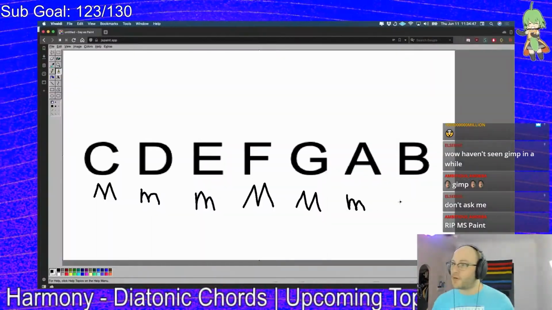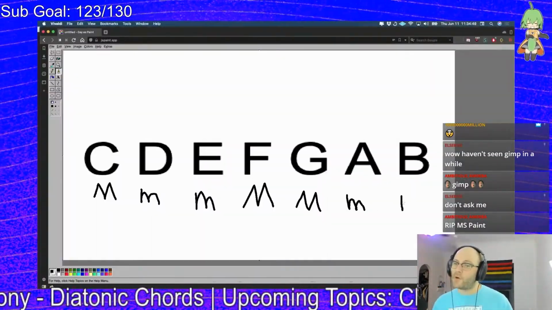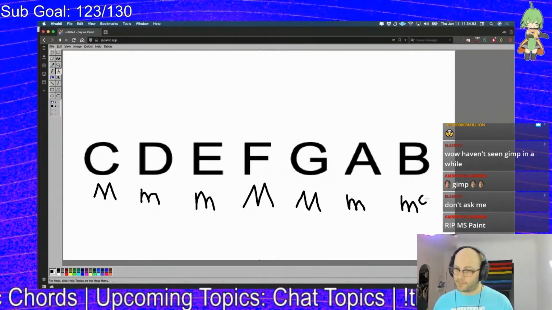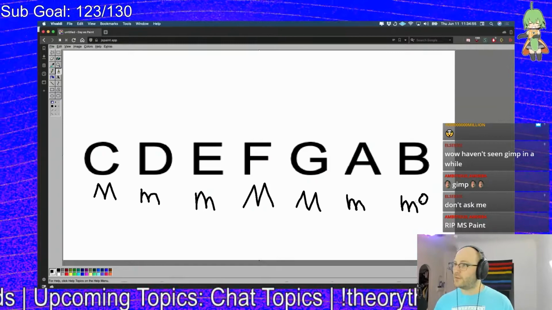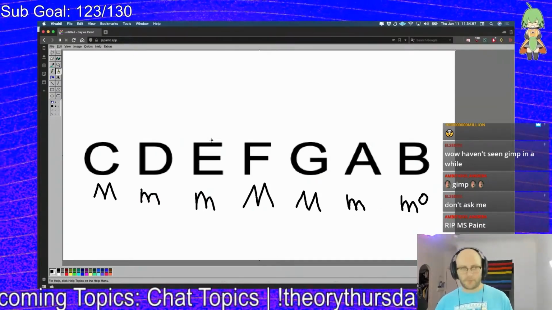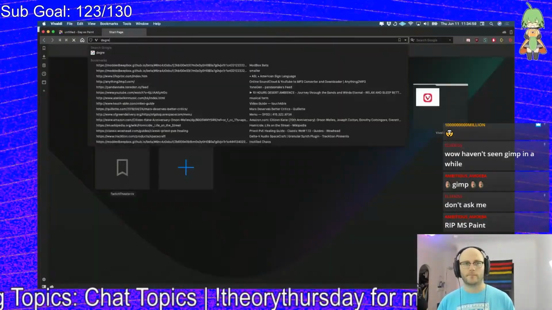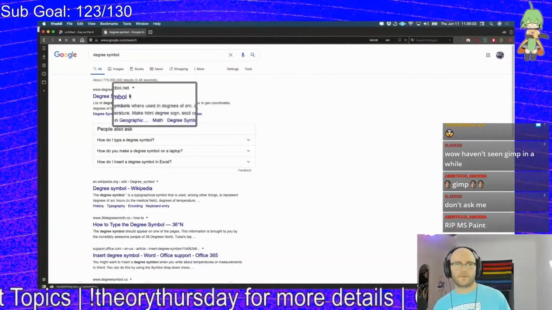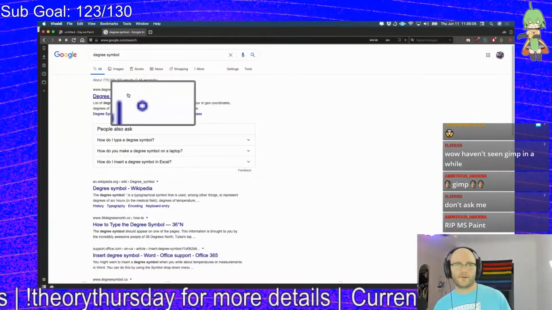So I'm going to put the lowercase m here, but we're also going to put the degree sign, a little circle, like if we're talking about temperature, this little circle right here.